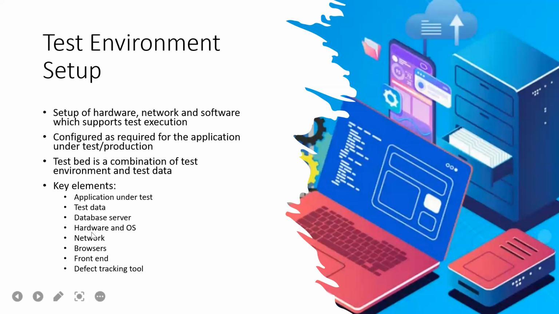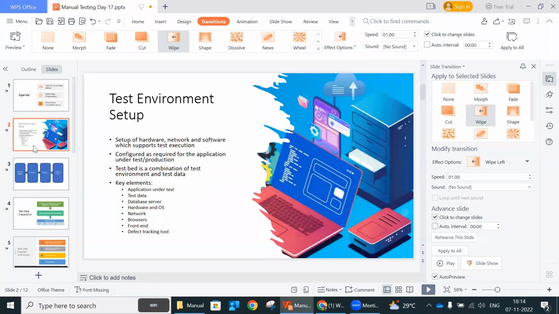And the hardware and OS should be available for the testers. Network should be available, and all types of browsers should also be available for the testers to perform their execution, right? And we need a front end. Obviously, this application under test will have a front end, but a proper front end is required for this.